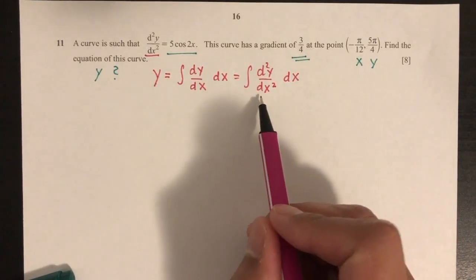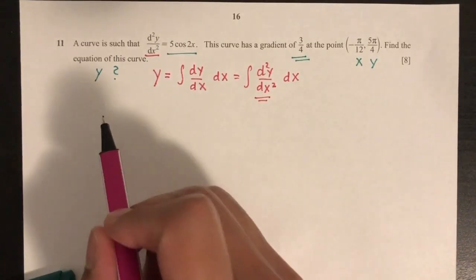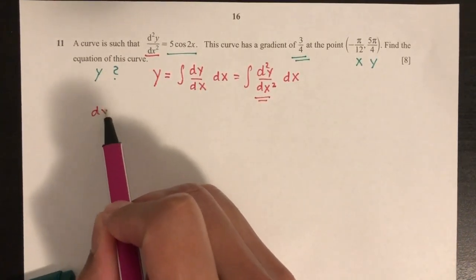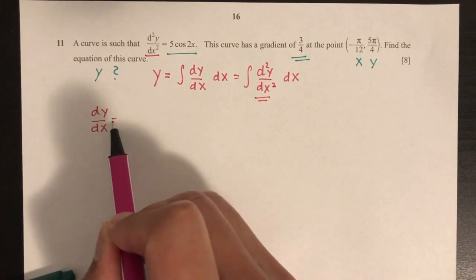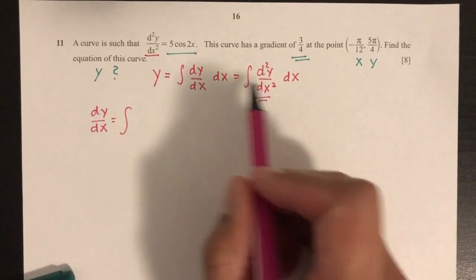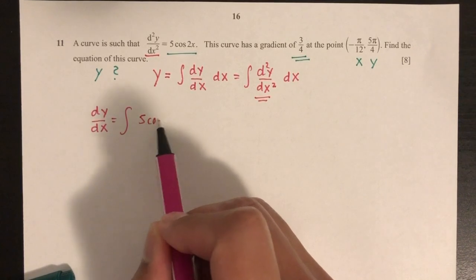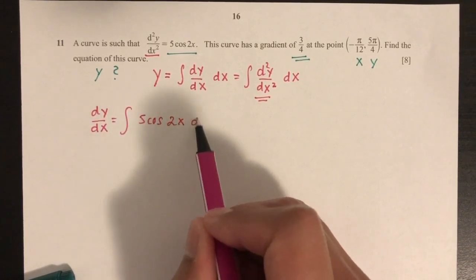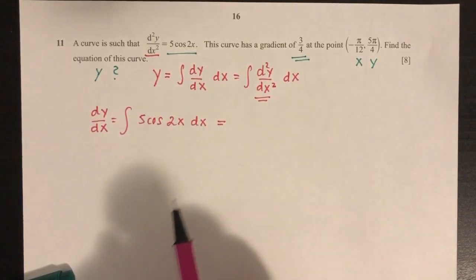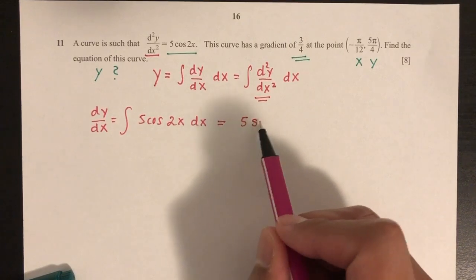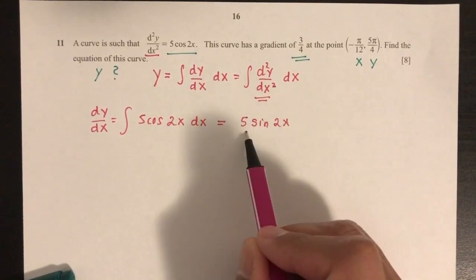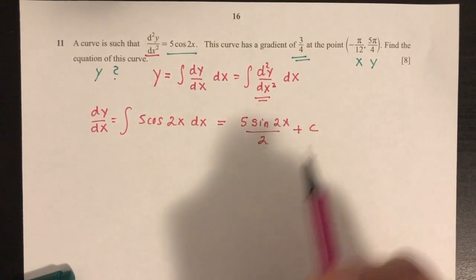So one by one, at first we have this given here, so let's find dy by dx. It is equal to the integration of 5 cos of 2x with respect to x. That will be 5 sine of 2x divided by 2 plus c.